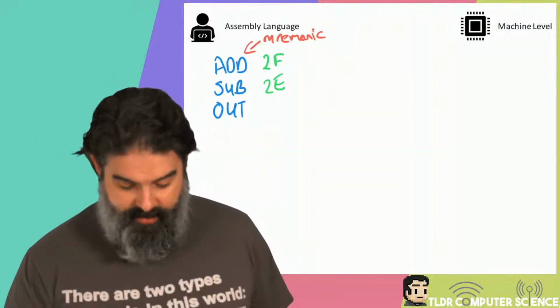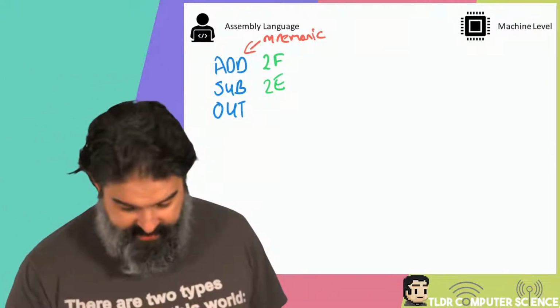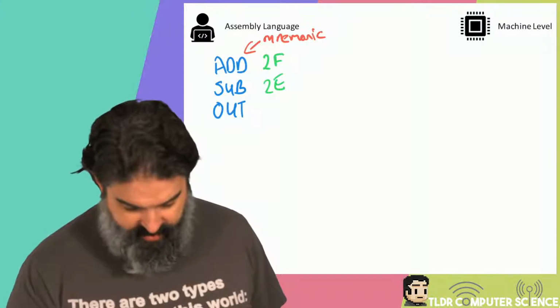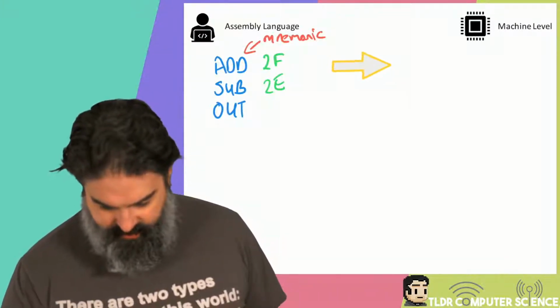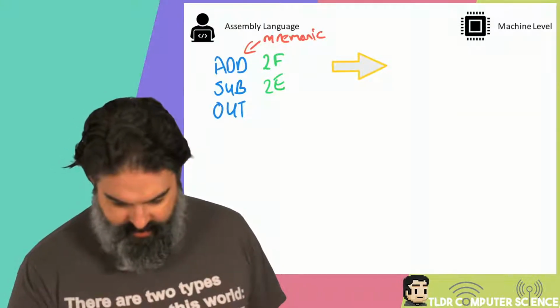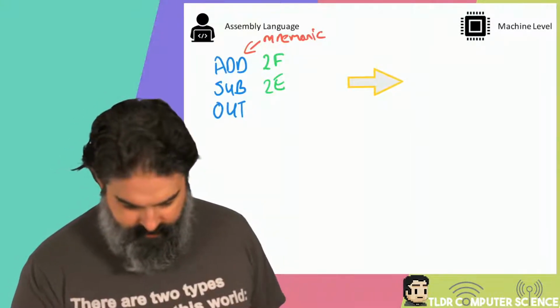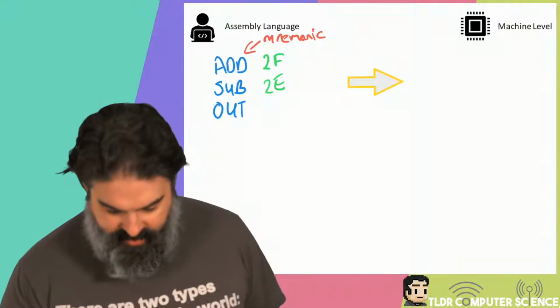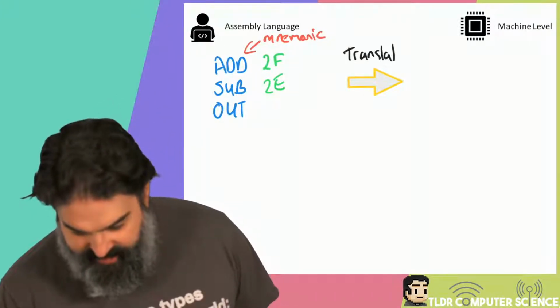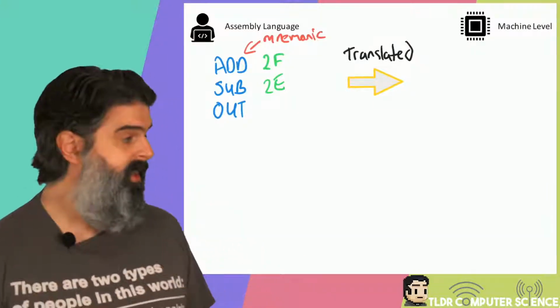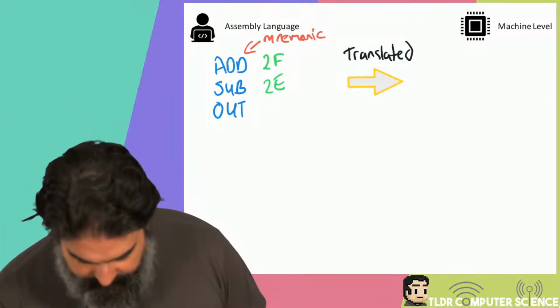So what has to happen is it is translated from one to another. It's translated across here. This has got a very particular translator though, and it's called an assembler.